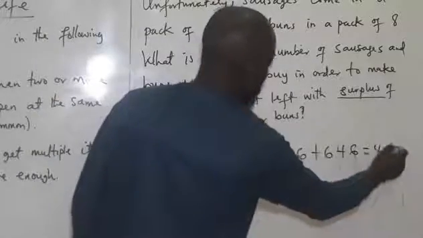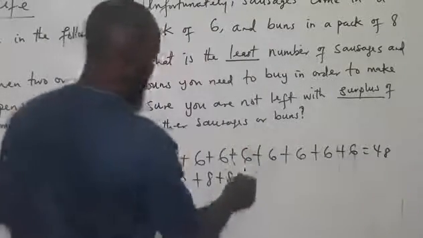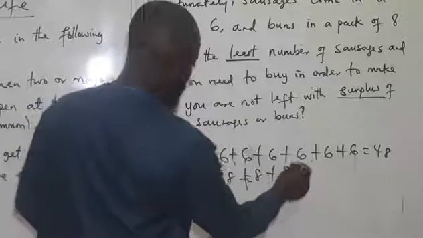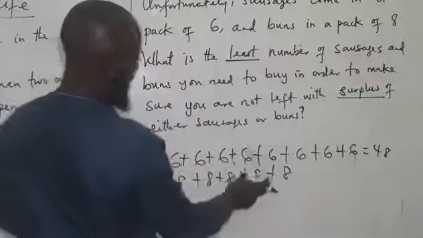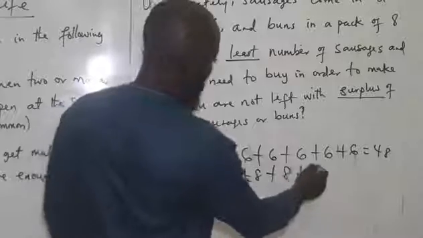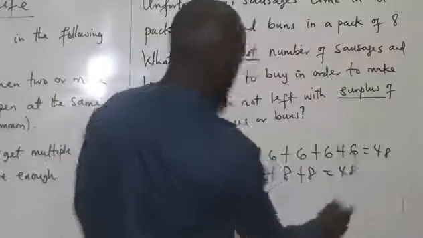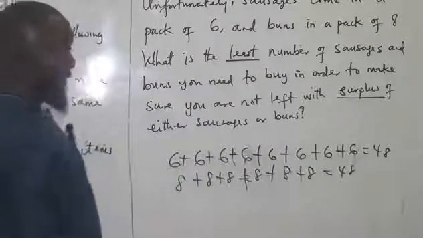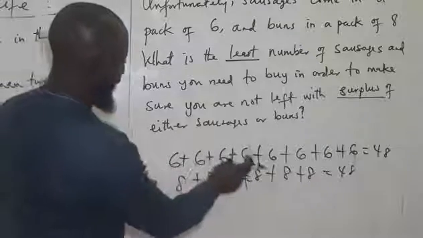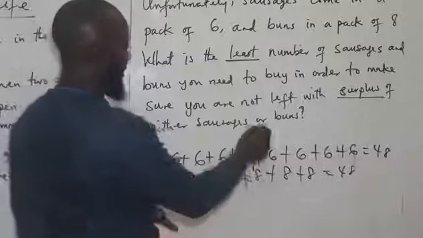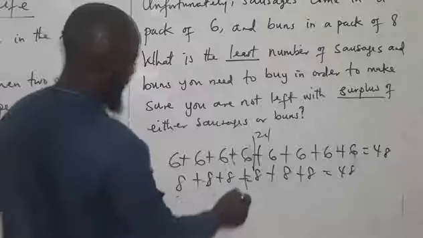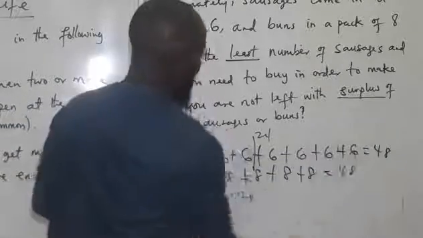That is 48. So plus 8 plus 8. 1, 2, 3, 4, 5. That is 40. Plus 8. That is 48. You can see, but we are looking for the least. So 1, 2, 3, 4, which gives 24. 1, 2, 3, also 24. The next one is 48.